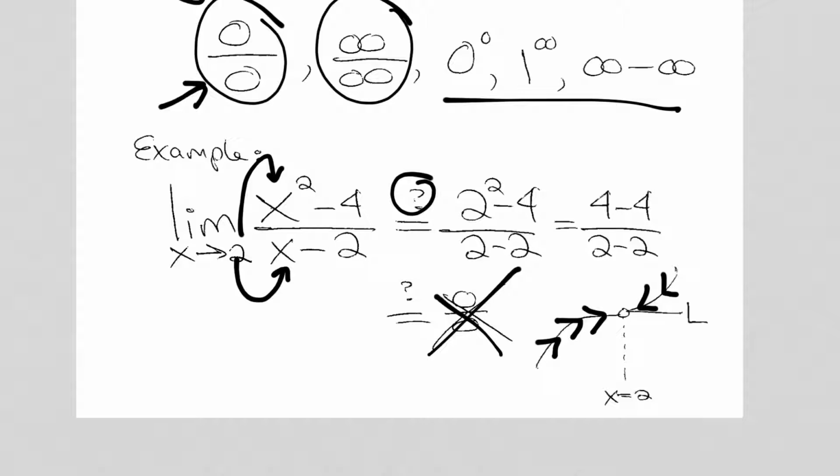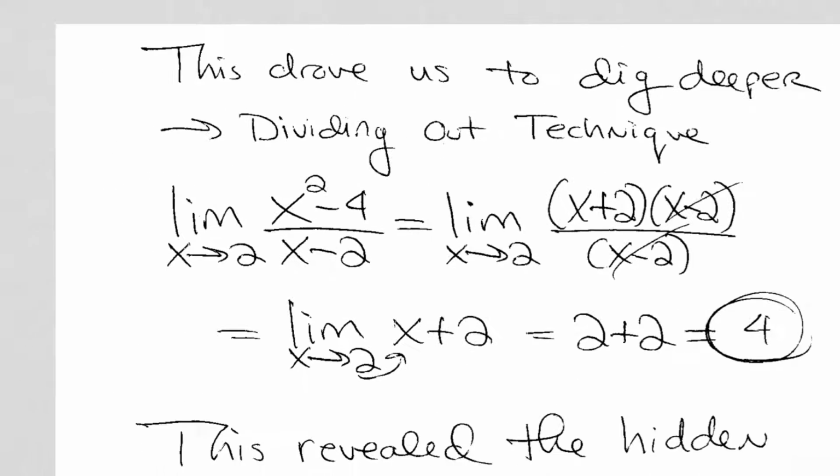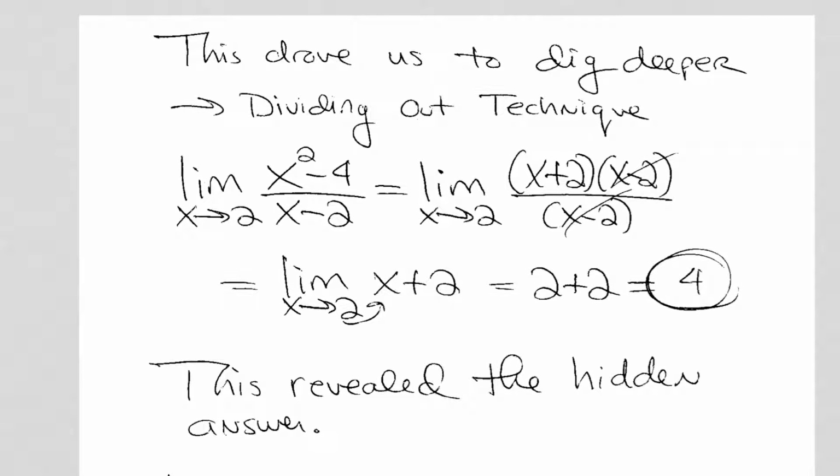Now, the indeterminate form often was an indicator that there really is an answer to the limit. It's just that we don't know what it is yet. And in this particular case, what we would use would be the dividing out technique. So, for this one, we would factor x squared minus 4 into its two corresponding factors, and then we would divide out the corresponding factor.